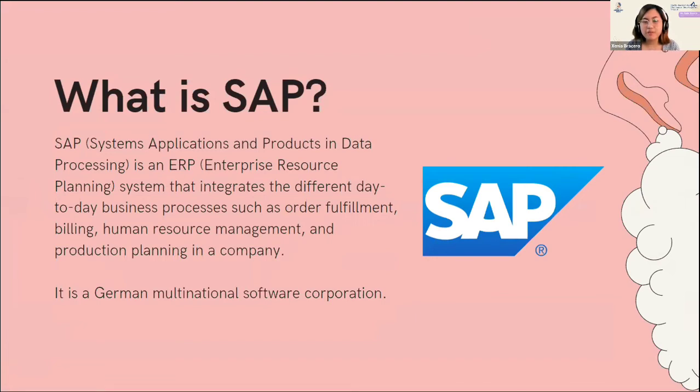ERP stands for Enterprise Resource Planning, and it integrates the different day-to-day business processes in a company, such as order fulfillment, billing, human resource management, and production planning. So basically, every business module that exists in a company, SAP can handle. This is a German multinational software corporation.